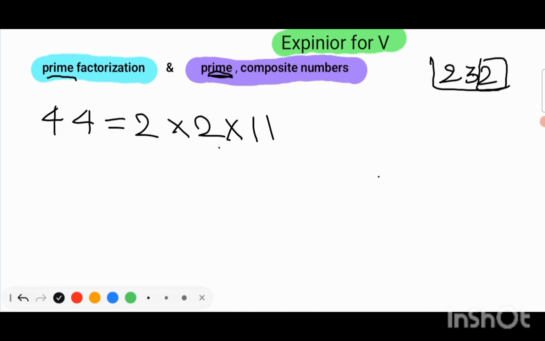Now here we write it as 2 1s are 2, and here we have 3. What do we do with 3? 3 is not a multiple of 2. So 2 1s are 2, and here it is 3, so we are left with 1.